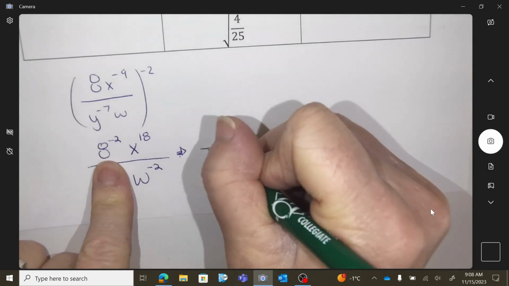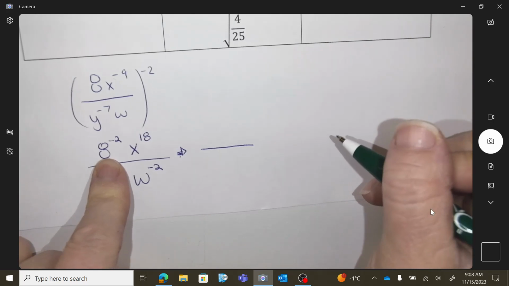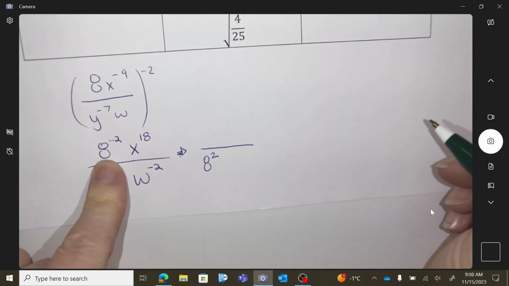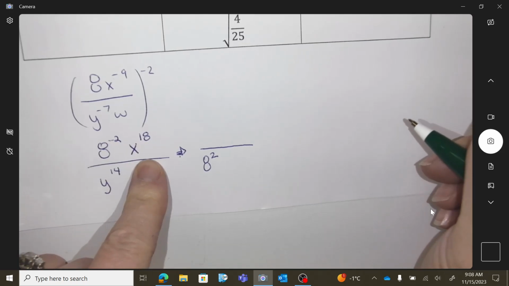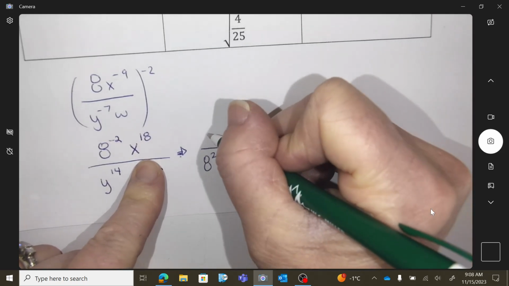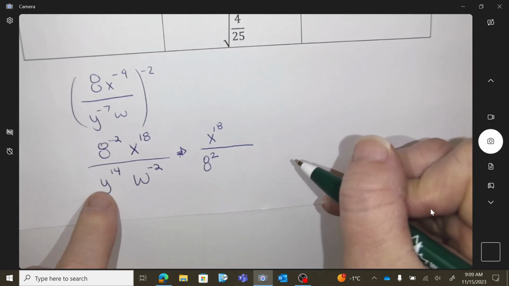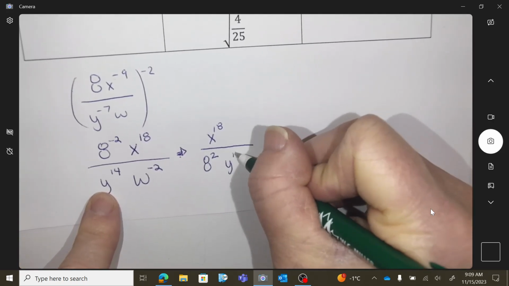The 8 part, do you want it to stay there or move it? Move. So 8 squared on the bottom. The X part stays. The Y part stays.